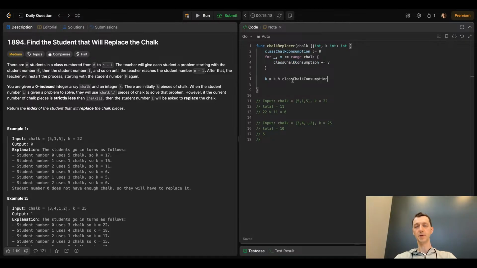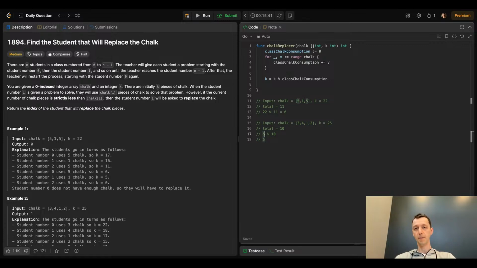class chalk consumption. And by the way, if that class chalk consumption is smaller than k, let's say it's already 5 in this case. If we still try to divide, we'll still get a remainder of 5.